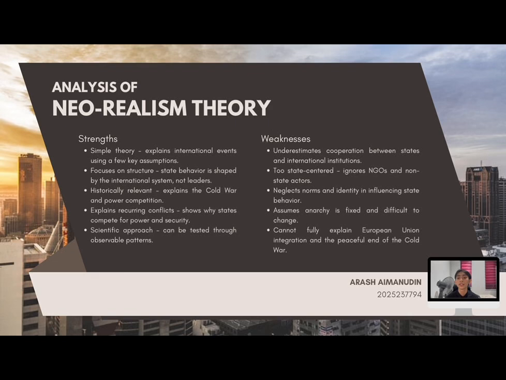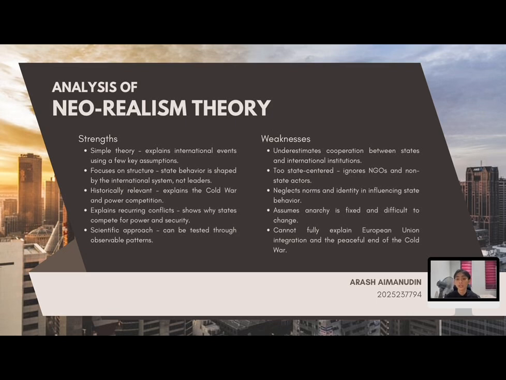However, neorealism also has several weaknesses. First, it underestimates international cooperation and does not give enough attention to international organizations and peaceful collaboration between countries. It is also considered too state-centered because it mainly focuses on states while ignoring the influence of NGOs and other non-state actors in international relations.